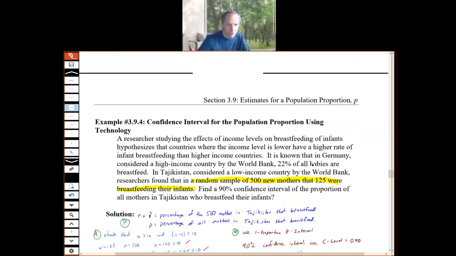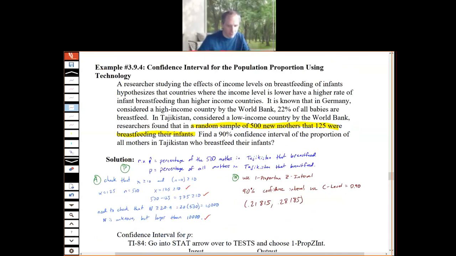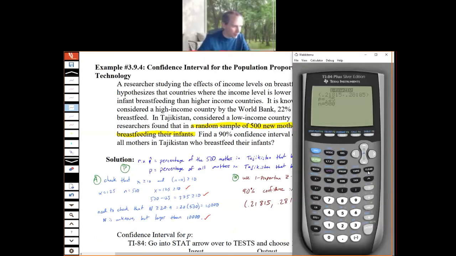On your calculator, I don't see the C level, I just see prop. Does your output look like this?